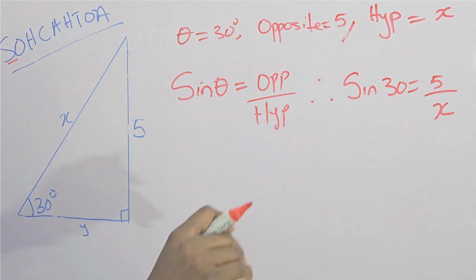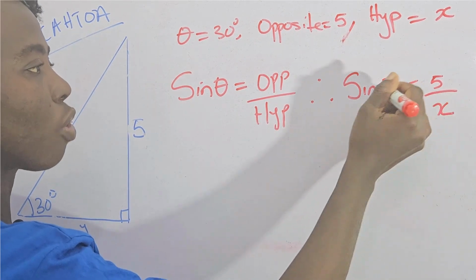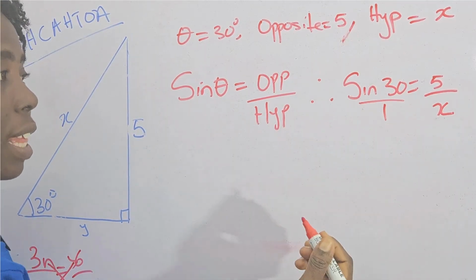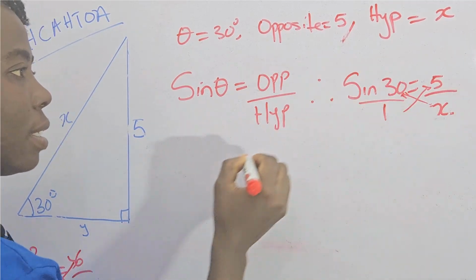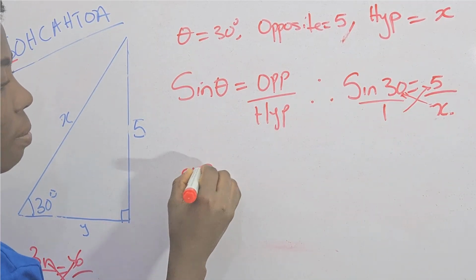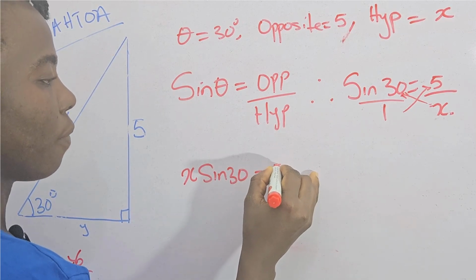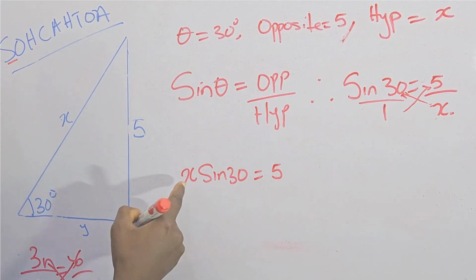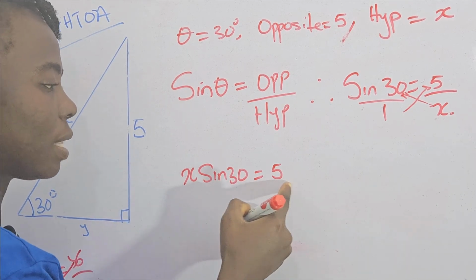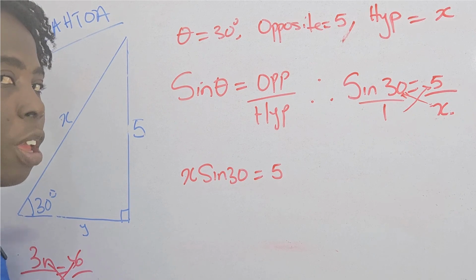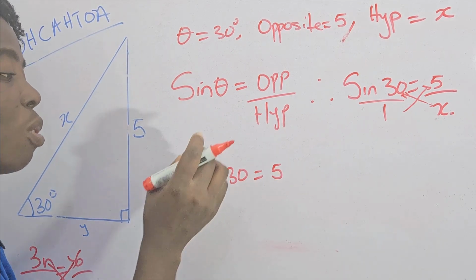Now this formula, similar to what you do in equivalent fractions, here we are going to cross multiply. Notice it can be over 1 here, it does not make any difference. So we have x times sine 30 equals 5 times 1, 5. We are looking for x. Sine 30 is the coefficient, so you are going to divide both sides by sine 30. If you have been following my video, I've told you that when you have an equality sign, what you do to the right, you must do to the left.